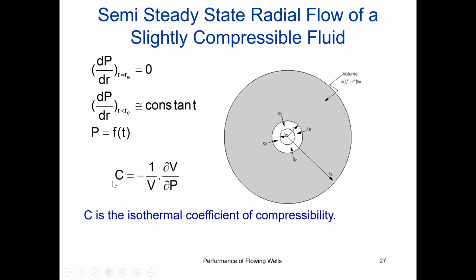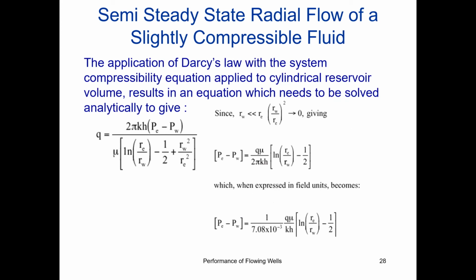And this is C, the isothermal coefficient of compressibility, which is the change in volume to pressure divided by the original volume. And we do some work with the numbers. Finally, we get this number for a slightly compressible fluid.